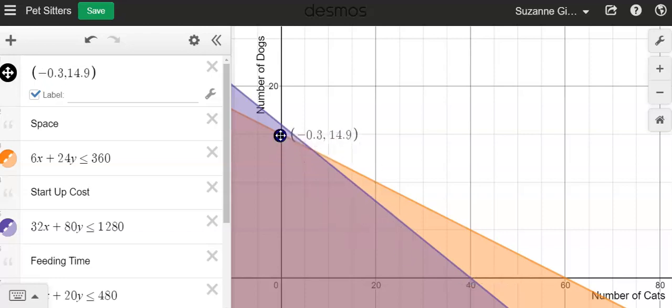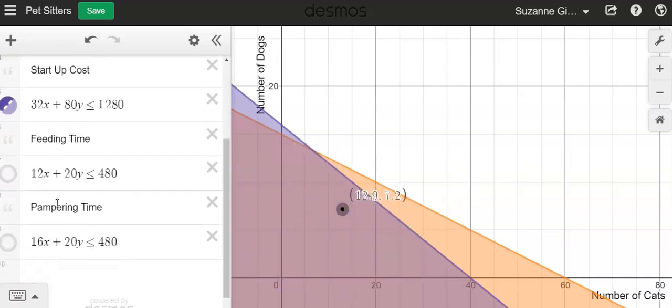The same with dogs here. If I'm at 15 dogs, that is on the line for the space. So you're using all your space for 15 dogs, and you do have enough money to do that. So again, the solution is the double shaded region.